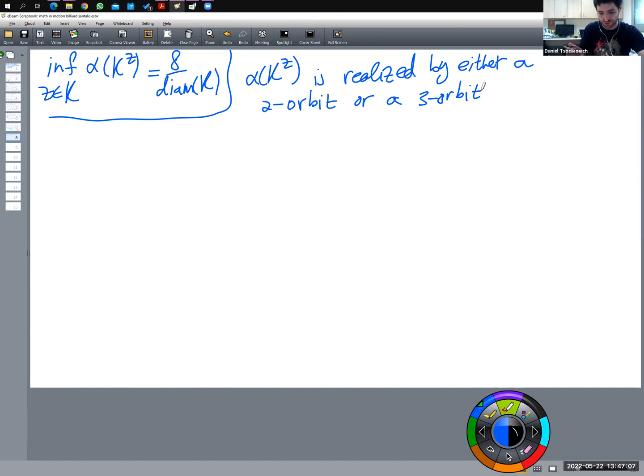So when I say 2 orbit, I mean an orbit with 2 collisions, and 3 orbit is an orbit with 3 collisions. So the case of 2 orbits is easier. So first we can show this for 2 orbits.